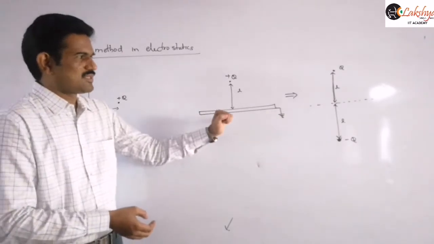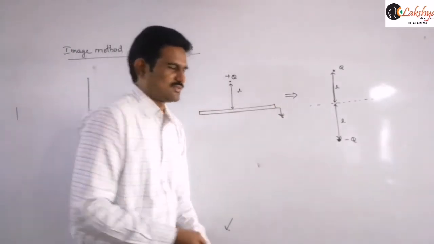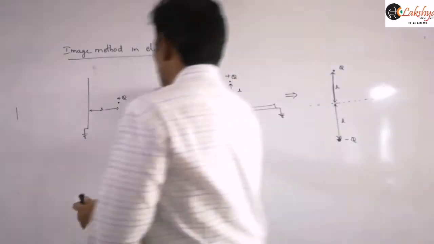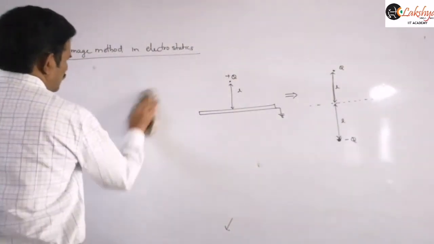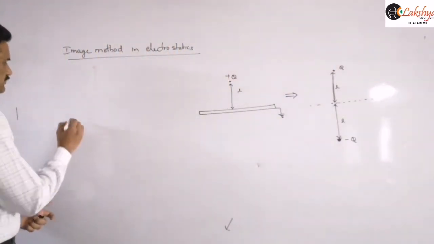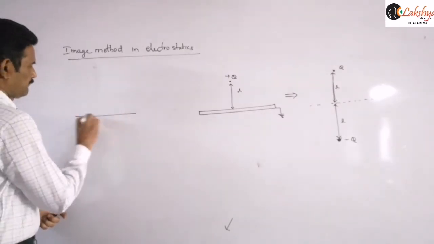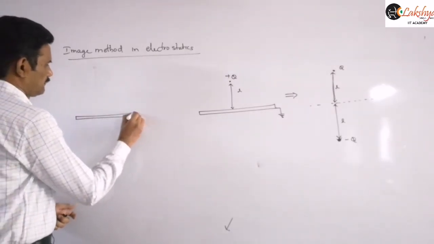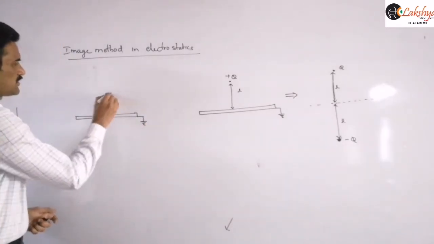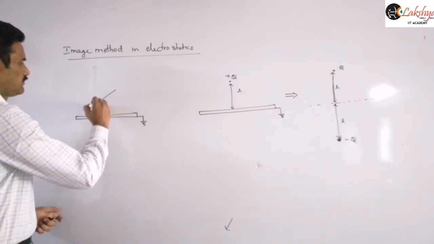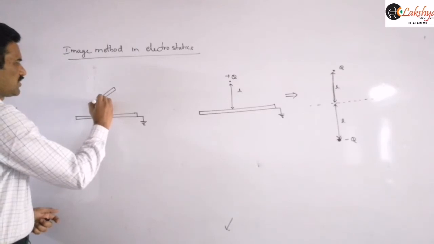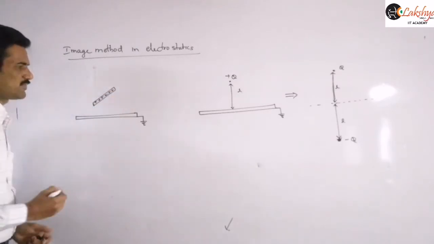So for example, this is the given configuration and we are converting like this. If suppose some extended object is given, like suppose here I am taking this extended object. So this is again the conducting plane here. Here I am taking this, this is a positive charged rod, placed like this.